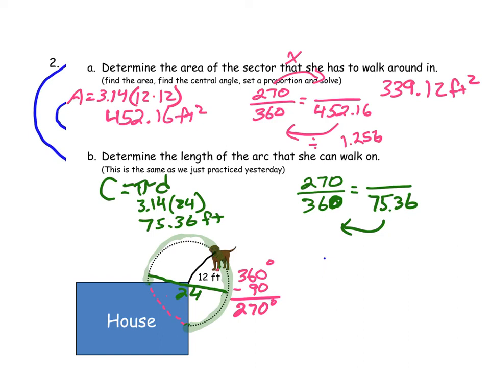It gets you a really ugly decimal. It's 0.209, and then the 3 repeats. Just leave that ugly decimal in your calculator, multiply it by 270, and you get a much nicer decimal. Your arc length is 56.62 feet.